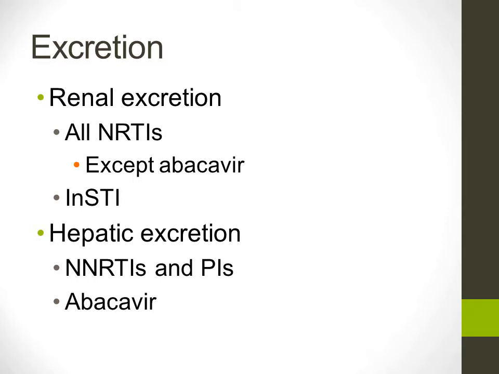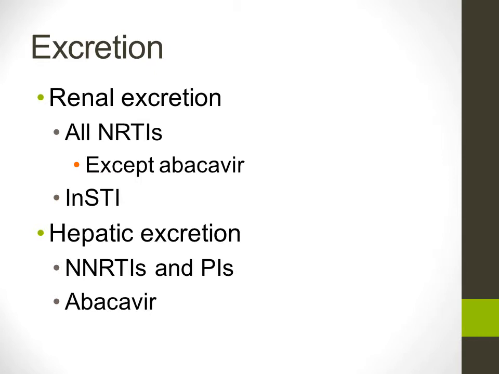Moving on to excretion, the one thing to know is that the only medications that are mostly renally excreted will be the nukes, except abacavir, and the integrase inhibitors. And so I would always check renal dosing for patients who are renally impaired for a lot of the nukes and then integrase inhibitors.